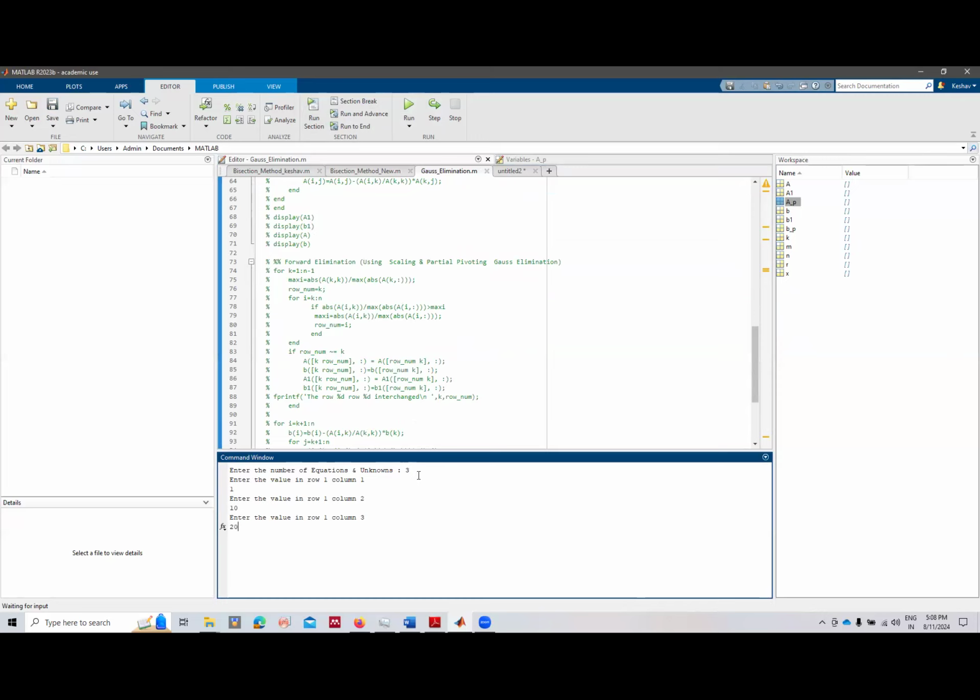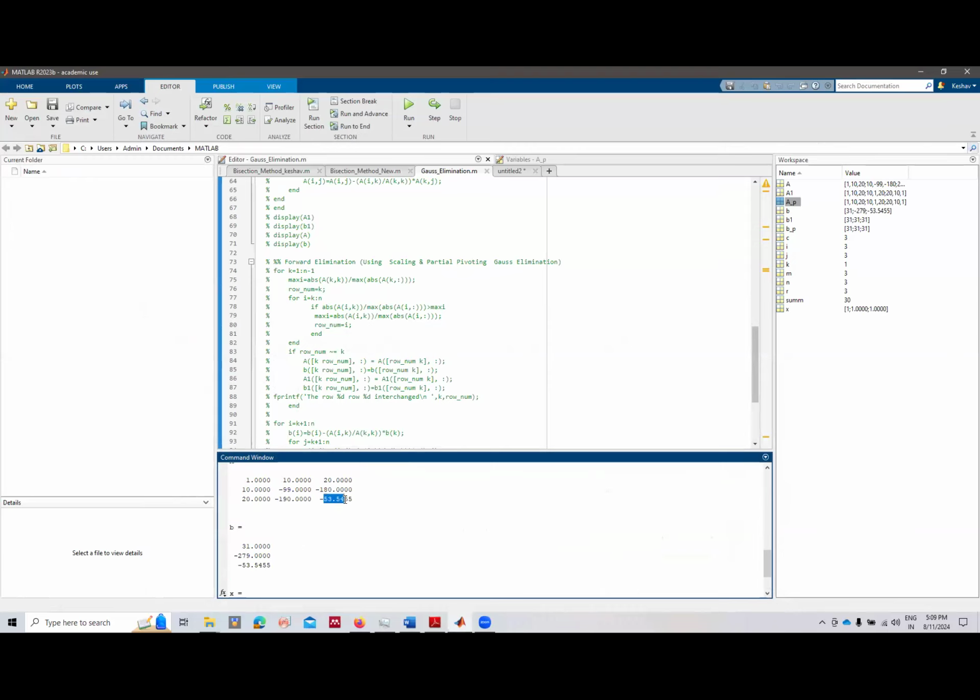See, this was my matrix after the Gauss elimination, and this is my B matrix after Gauss elimination, and the value we are getting for X is 111.